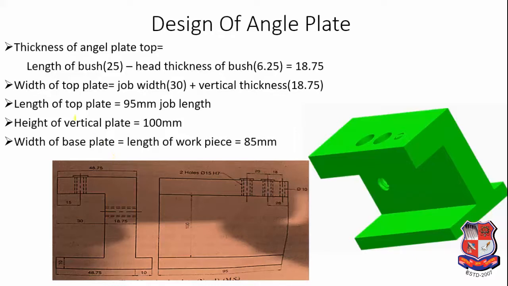Now we will select length of top plate as 95 mm because job length is 85 mm, plus we have put 10 mm extra clearance to locate the clamping knob of 10 mm diameter. And vertical height we have selected 100 mm.